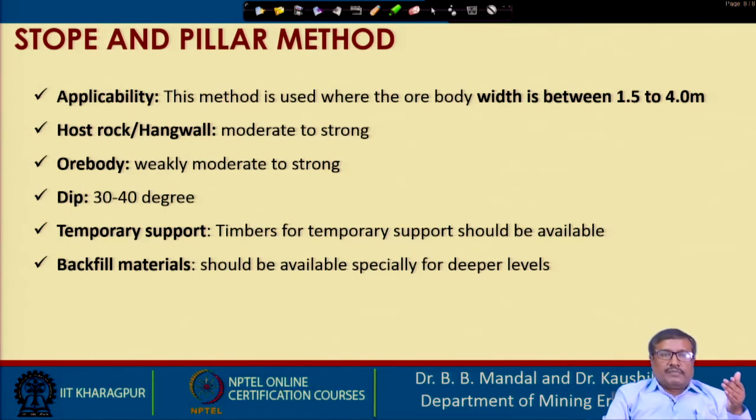I mean, in this stope and pillar method, if it is very steep, the ore automatically falls to the lower level, and it does not provide any protection from accident. So, around 40 degrees is absolutely fine. More than that, you have to take very special precautions, or some modifications will be required for safe mining.